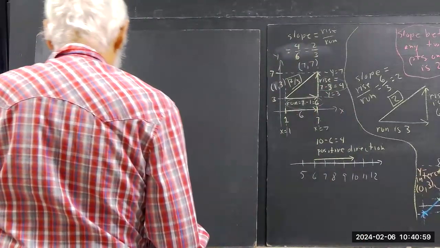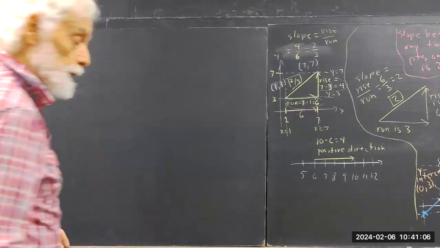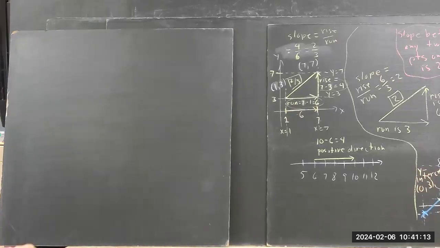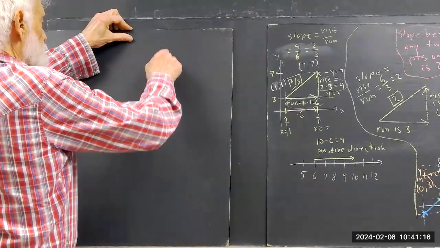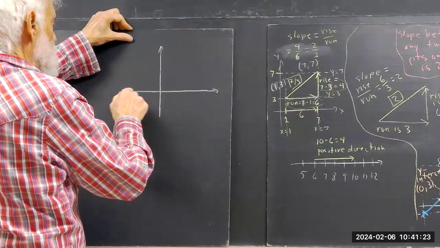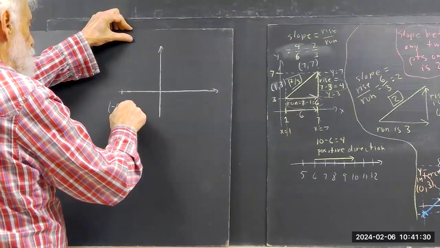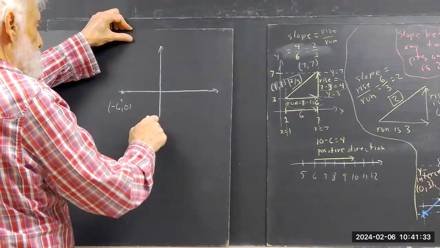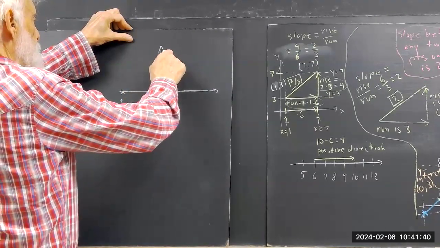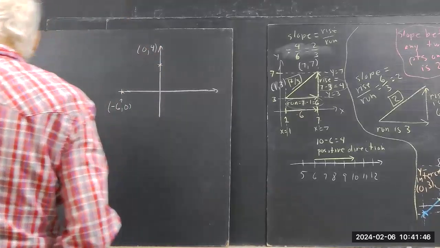Okay, now I'm going to ask you to figure out this equation for another line. Here's a line. Passes through the points -6, 0. And 0, 4.